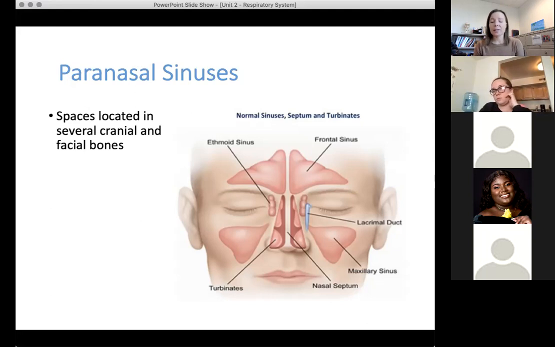Okay, second thing is that the nasal cavity warms, moistens, and filters incoming air.